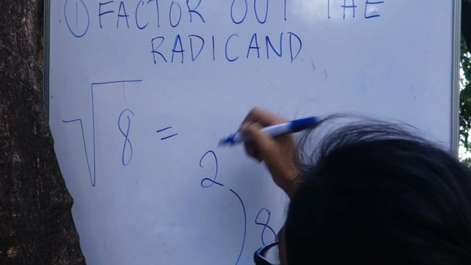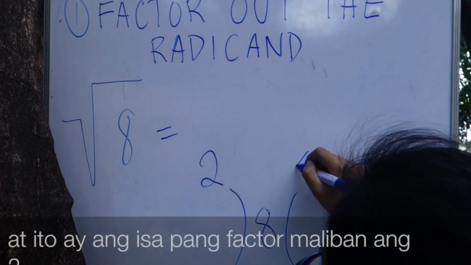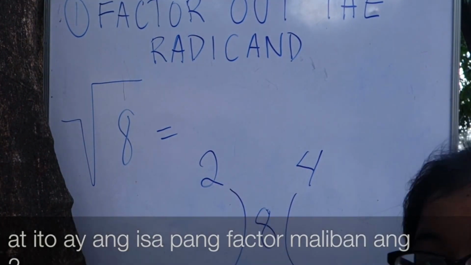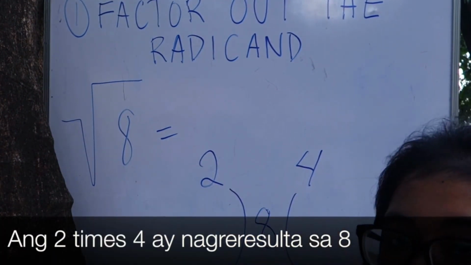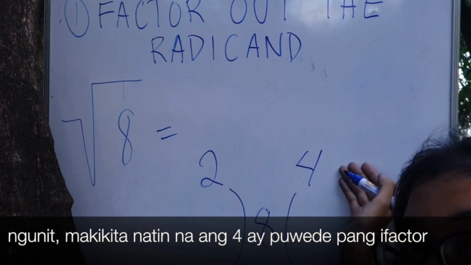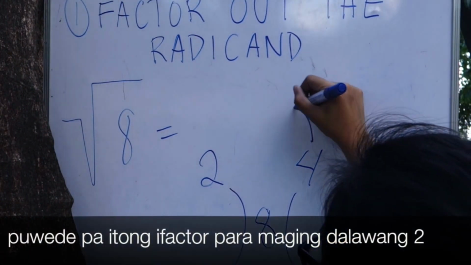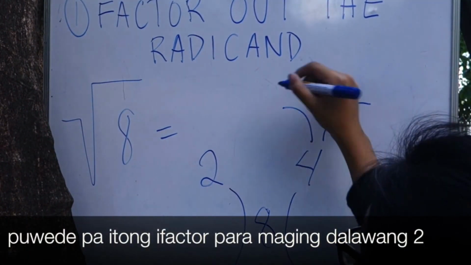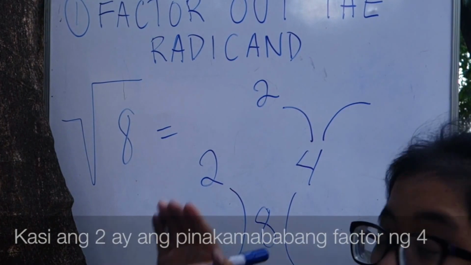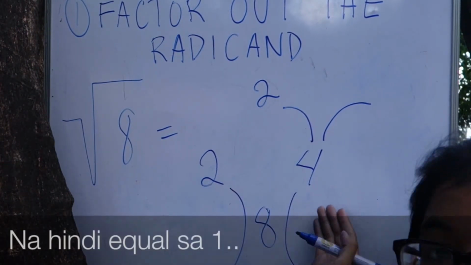Now, 8 divided by 2 is 4, which is the other factor. Then, 2 is the lowest factor of 4 that is not equal to 1.